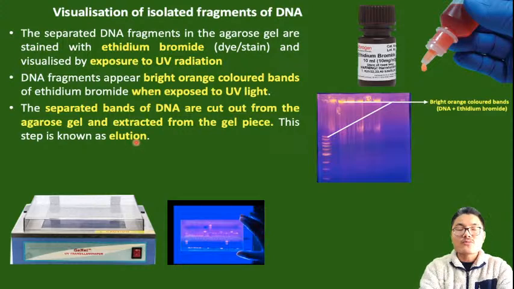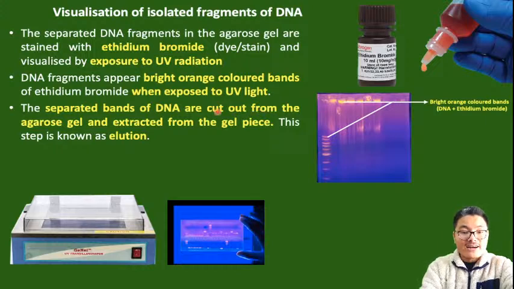As I always mention, any term ending with ION is a process. ING also is a process. SIS is also a process. So elution is a process as it is ending with ION. In elution, what we are going to do is cut out the gel part wherein our gene of interest or our desirable DNA fragment is present.